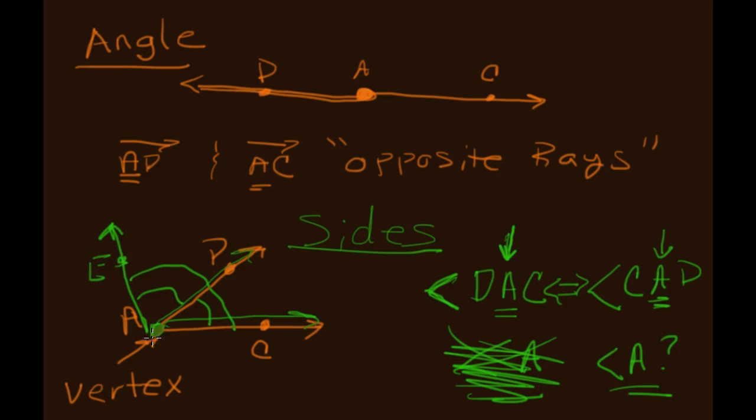So there's an angle EAD in this frame, there's an angle DAC in this frame, there's an angle EAC in this frame, and they're all angle A's. So if you're going to only use one letter for an angle, you have to be really cautious about that. It'll be done by me, but you have to make sure that you know exactly what angle you're referring to.